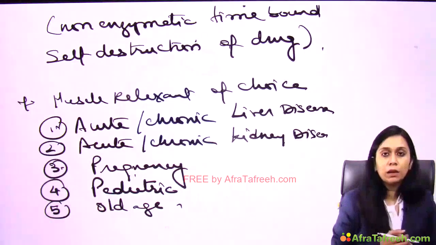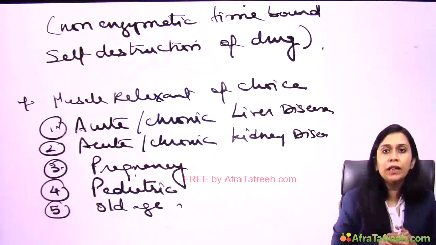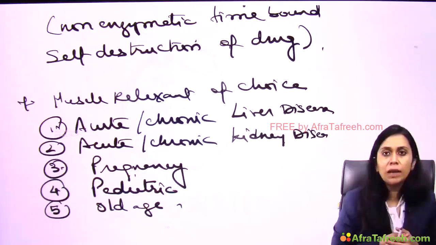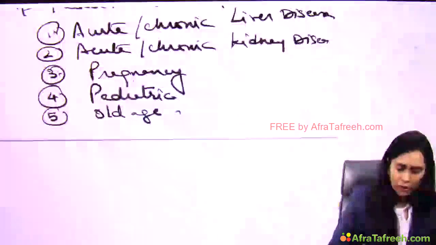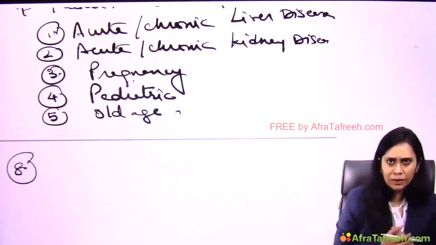All these conditions, liver function, kidney function may be deranged. Muscle relaxant of choice becomes atracurium. Guys, atracurium is metabolized by Hoffman degradation, right?